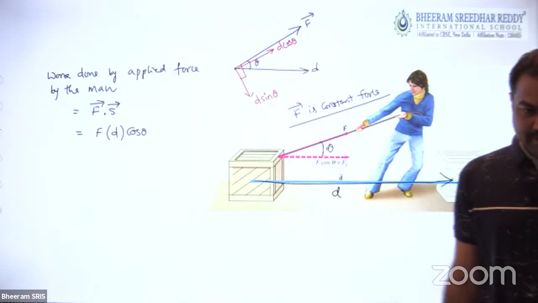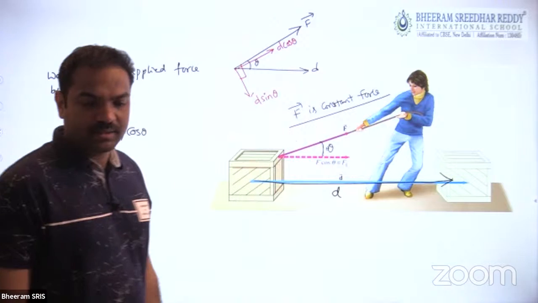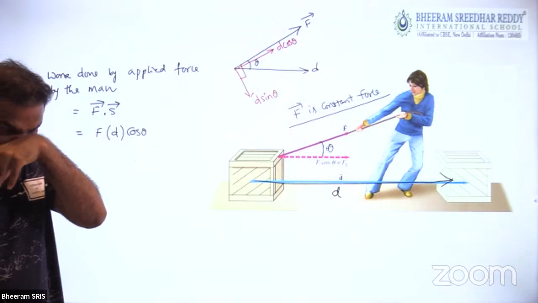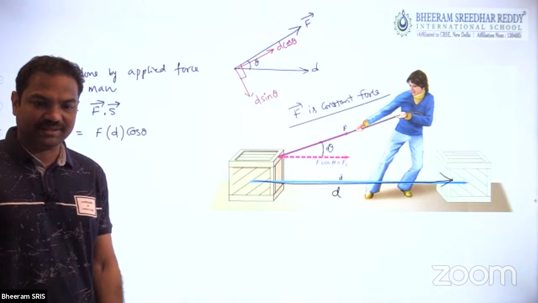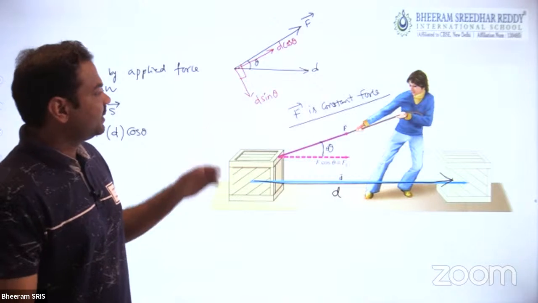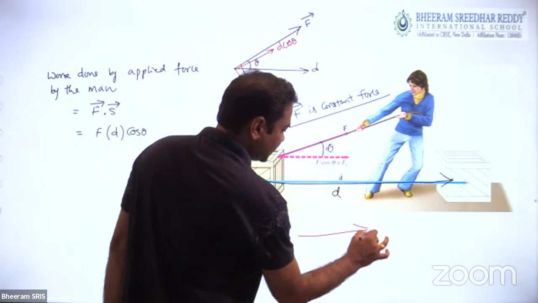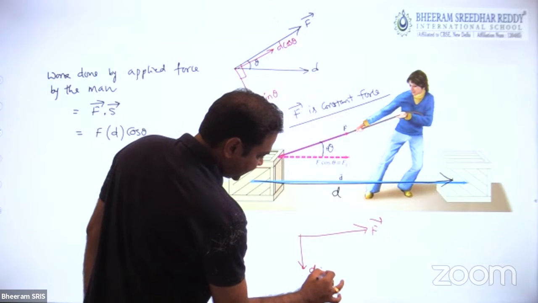So force is doing the work in displacing the what? D cos theta only. Okay? Force is doing the work in displacing the d cos theta, not d sin theta. See, this is the force, let us say, and this is the displacement d sin theta. Only take these two.